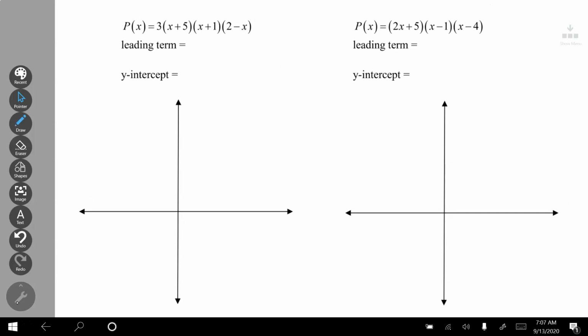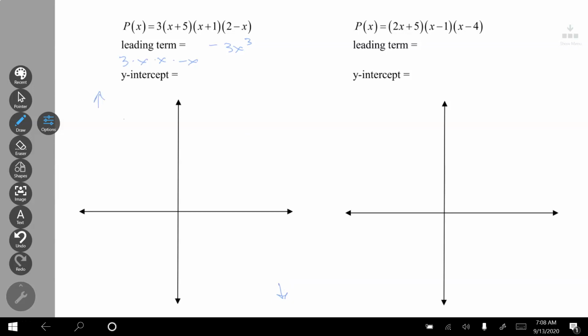My leading term for this one would be 3 times x times negative x. That's that last term inside the parentheses, so I get negative 3x cubed, which means negative 3 means the right side goes down, cubed means the left side is opposite, it goes up.